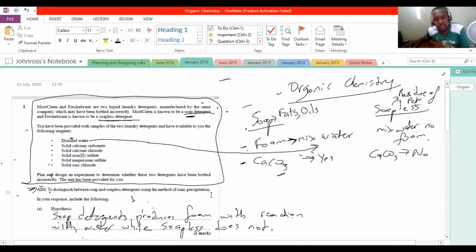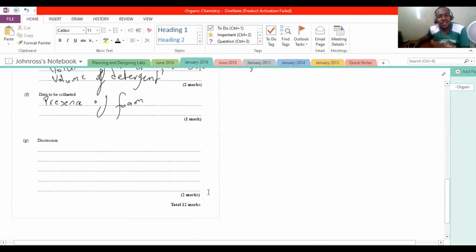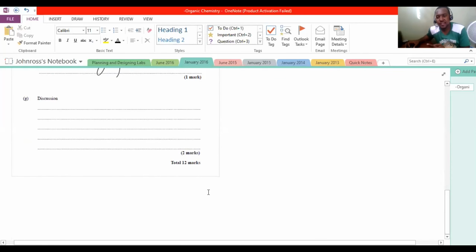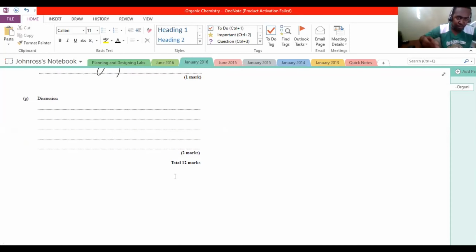And we should note that if we have a precipitation, then that means that it's insoluble. And if we don't have a precipitation, then that means it is soluble. Right? So that's the reason why there. So that's all you write. So remember, for discussion, you have to give at least one reason why you're saying your results would be of that form.